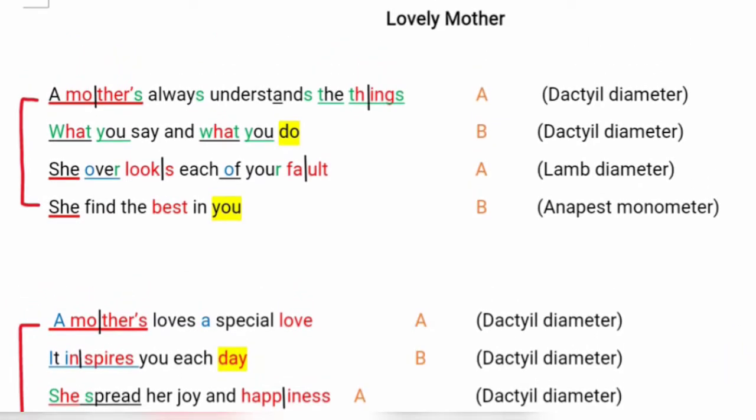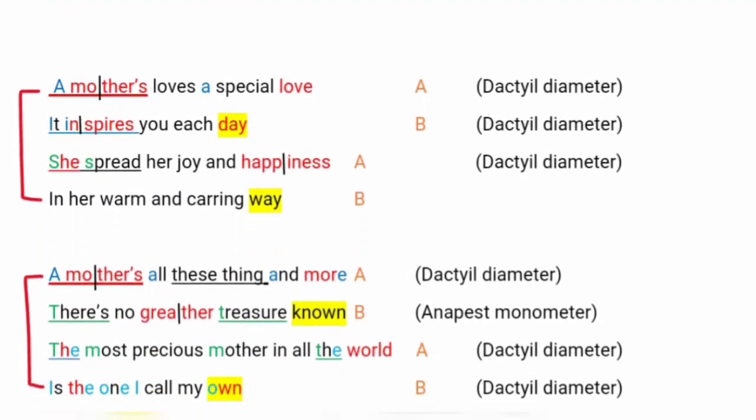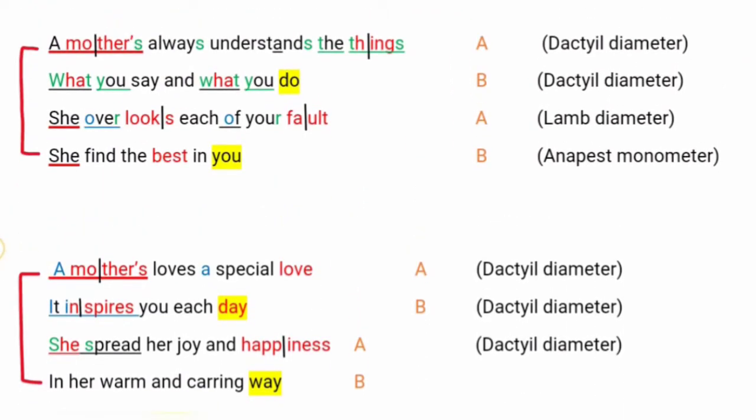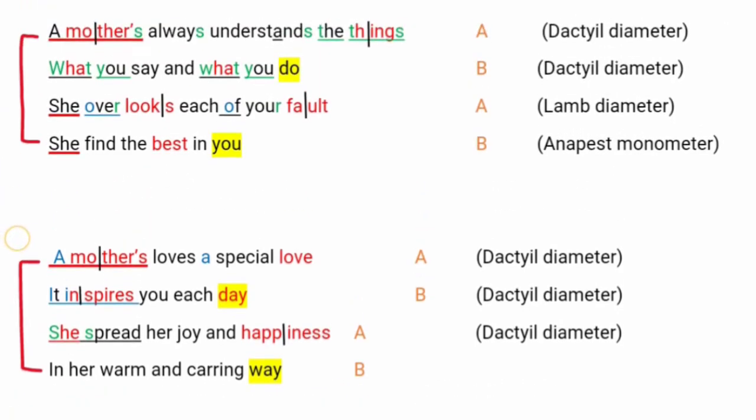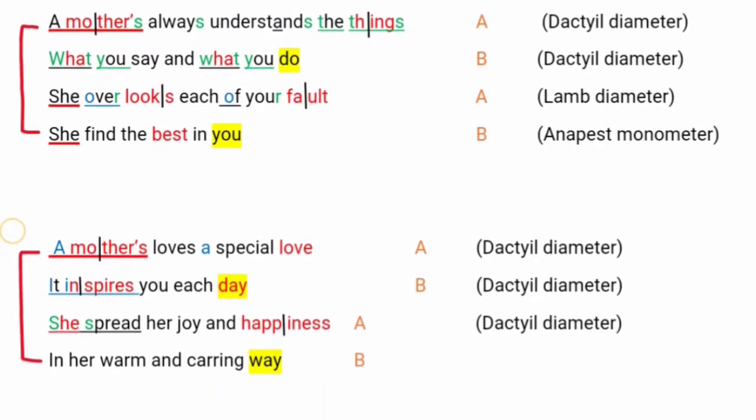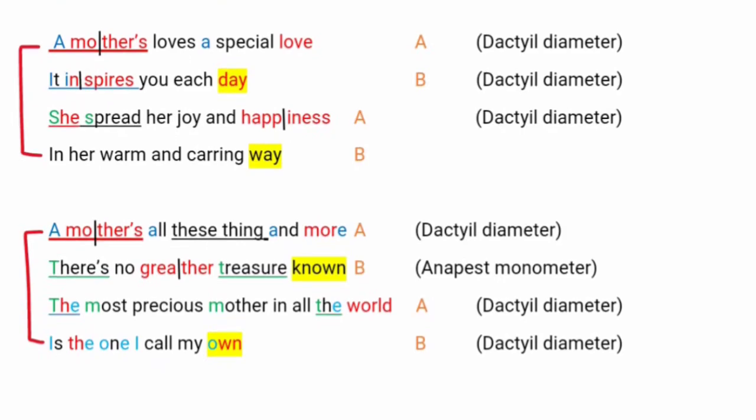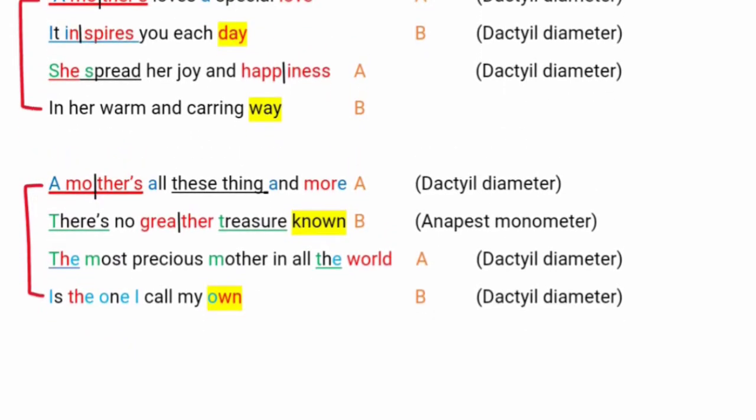Okay, I want to describe this poem. The first is the stanza. In this poem, there are three stanzas. You can see the first stanza, the second stanza, and the third stanza.